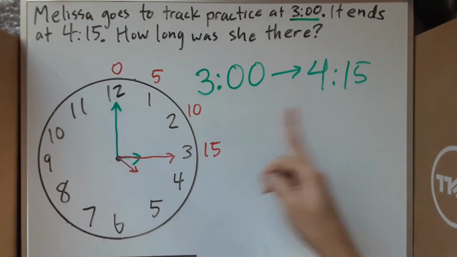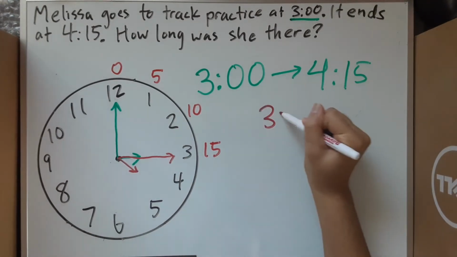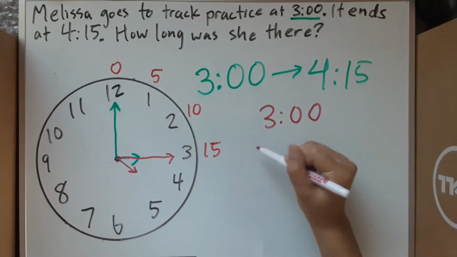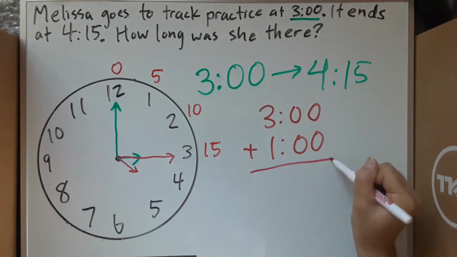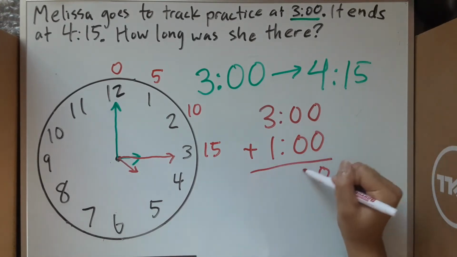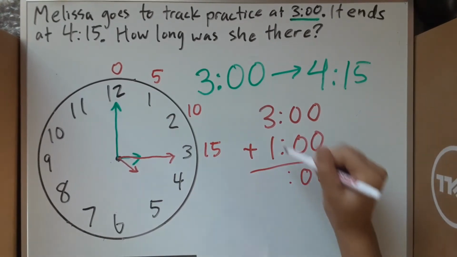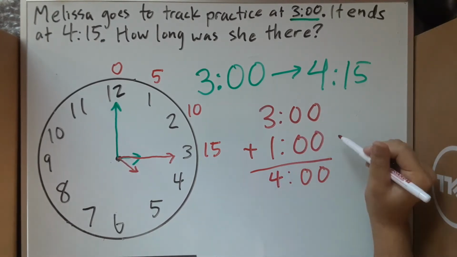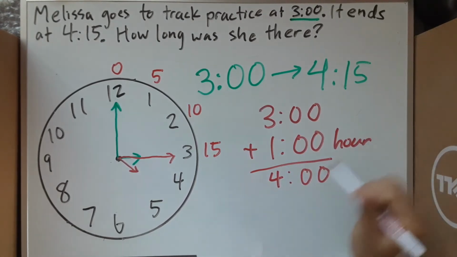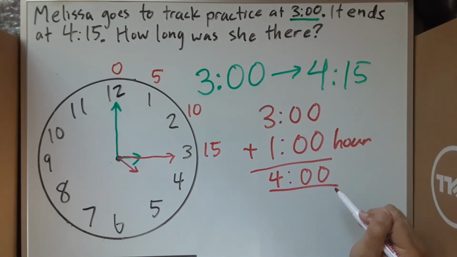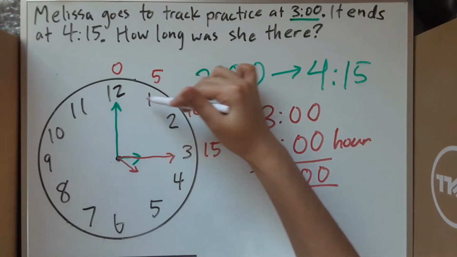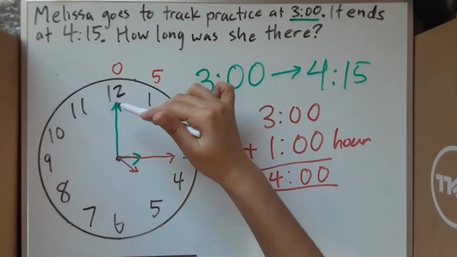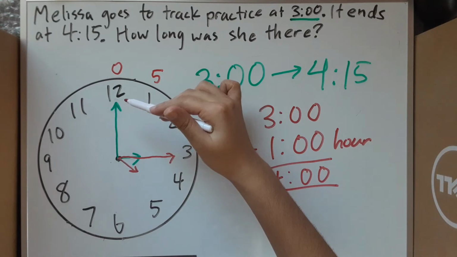From 3 o'clock to 4:15, we can count 3 o'clock and add 1 hour. That is 0, 0, bring down the colon, 4. So if we add 1 hour, we have 4 o'clock. That's just the same as taking the longhand from the 3 o'clock, moving it all the way around so that 1 hour has passed.